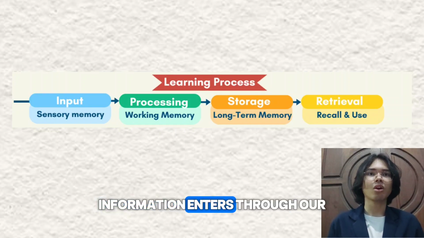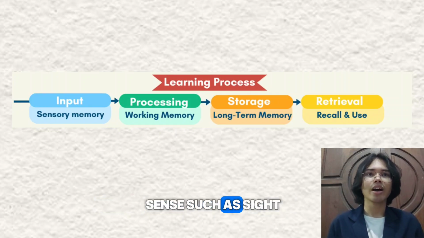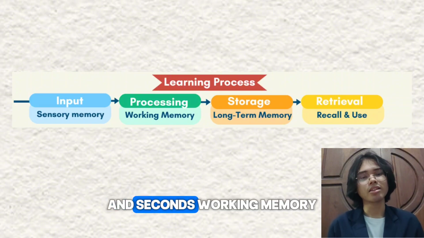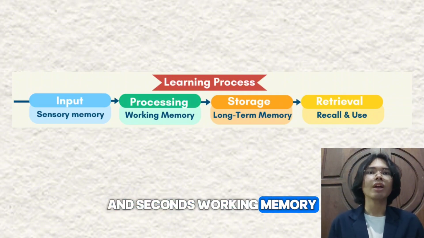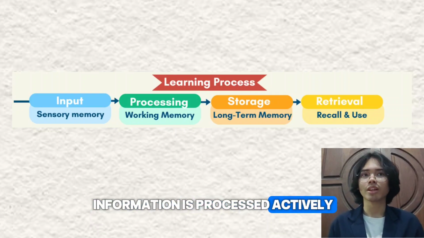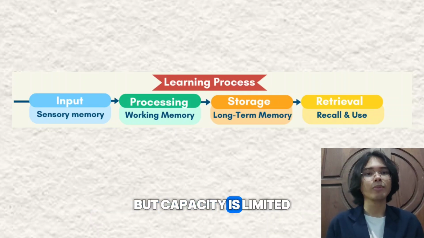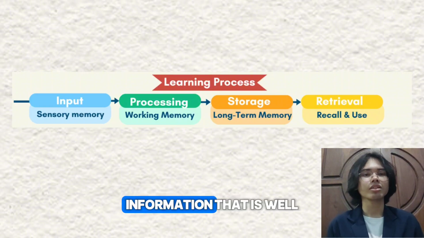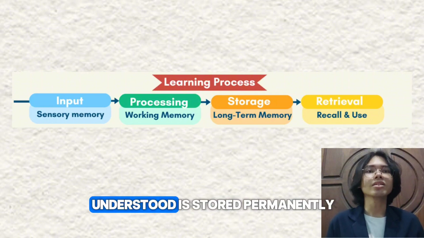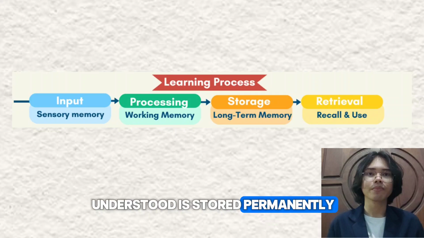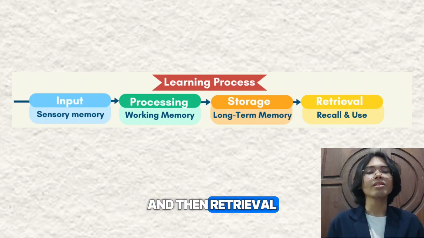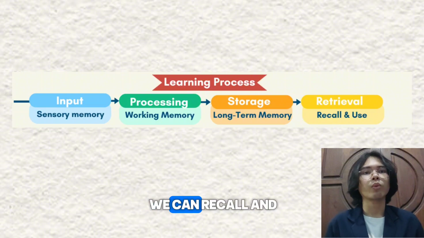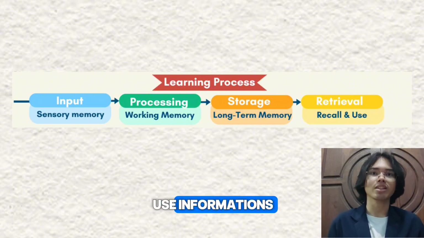Information enters through our senses, such as sight or hearing. And second, working memory. Information is processed actively, but capacity is limited. The third is long-term memory. Information that is well understood is stored permanently. And then retrieval. Learning is shown when we can recall and use information.